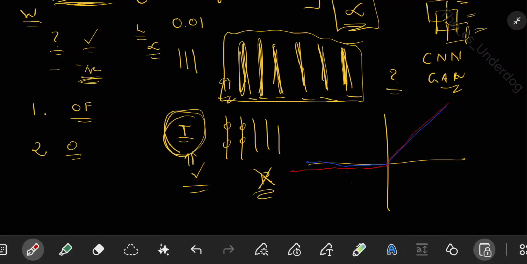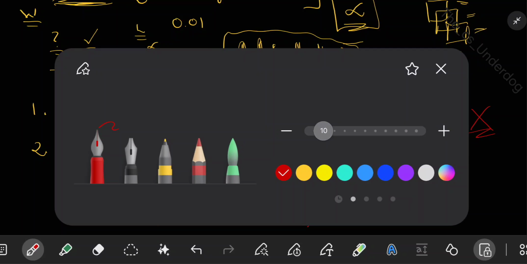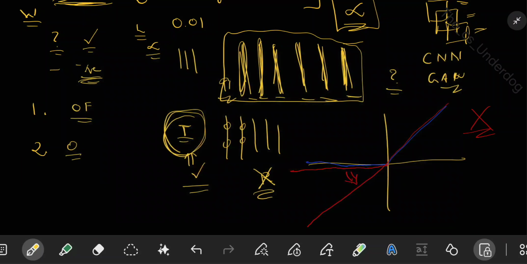This line will come closer to this side. And what happens if it comes here? Then the whole purpose of having an activation function is lost. Why is it lost? Because think about this. Why do you want an activation function? What is the purpose of having an activation function in a neural network?